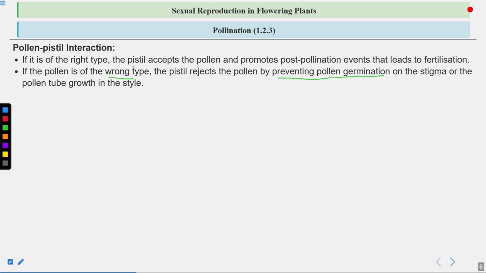So in the case of the wrong type, we were discussing that there is a dialogue. Dialogue means release of chemicals, and the release of chemicals is actually allowing or not allowing the pollen grain to germinate on the stigma, and further the growth of the pollen tube in the style.